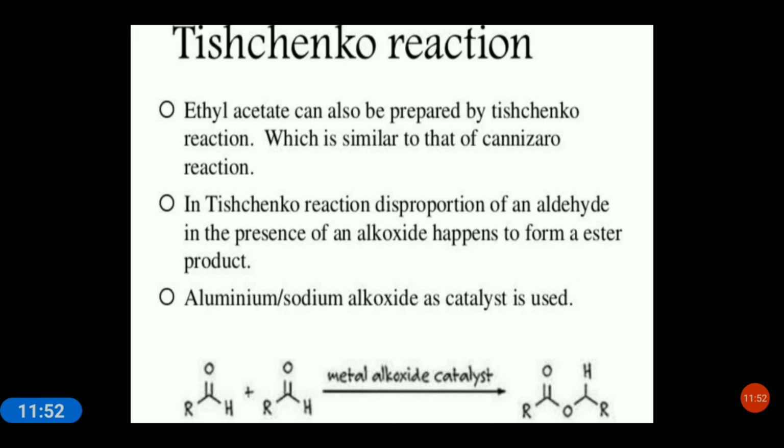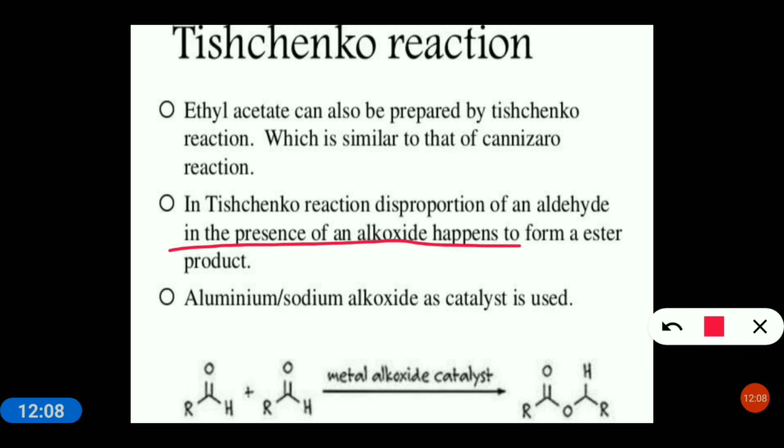Next is the Tishchenko reaction. In this, ethyl acetate can also be prepared, which is similar to the Cannizzaro reaction. In the Tishchenko reaction, disproportionation of an aldehyde in presence of an alkoxide happens to form an ester product. We have seen in the Cannizzaro reaction that you get two products, one oxidized and one reduced.